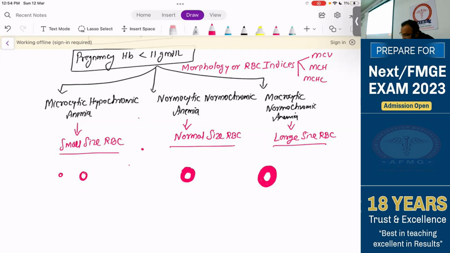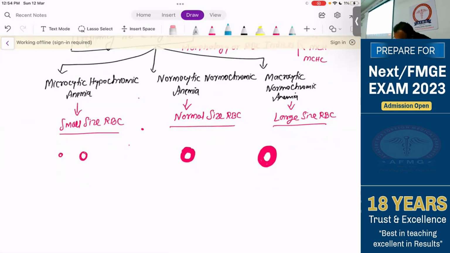तो आरबीसी की कंपैरिजन आरबीसी से कभी नहीं करना है। तो कौन है वो जिससे कंपेयर करेंगे? ये आया वो, what is this? This is small lymphocyte. So you have to measure the size of RBC as compared to small lymphocyte.